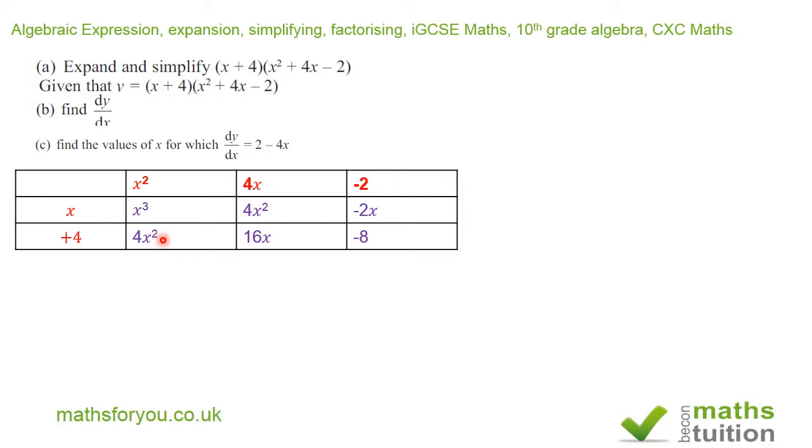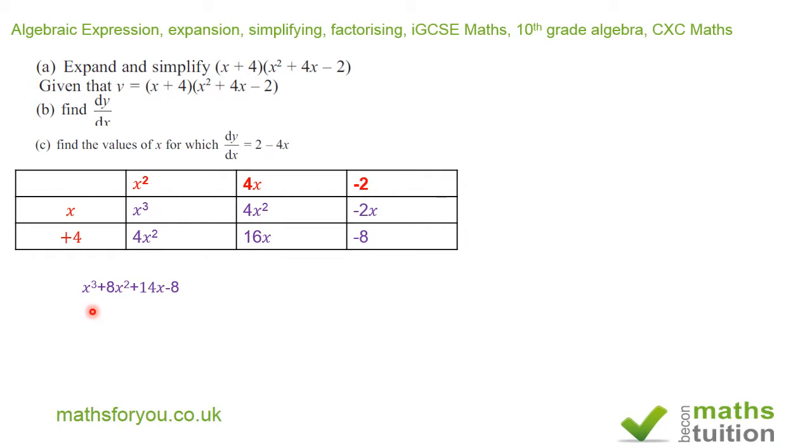And if you multiply 4 times x², you get 4x². If you multiply 4 times 4x, you get 16x. And if you multiply 4 times −2, you get −8.